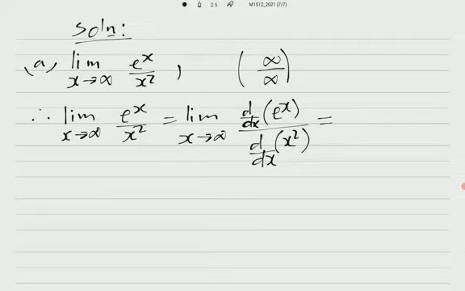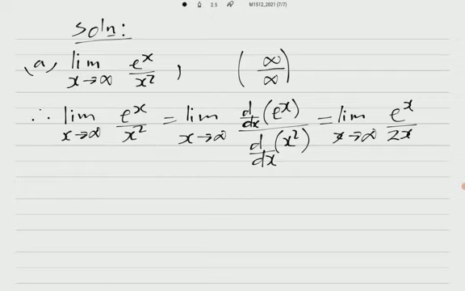If you do that, what do you get? You get the limit as x goes to infinity. The numerator is the same as it is, the derivative of e to the x is e to the x. Then in the denominator you get 2x.